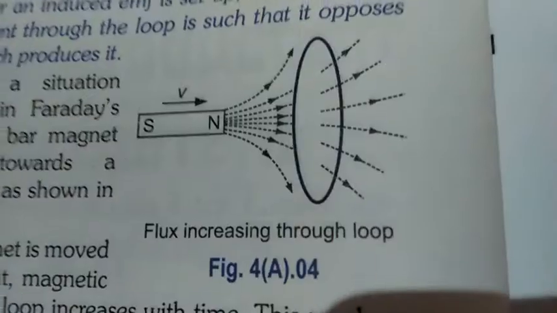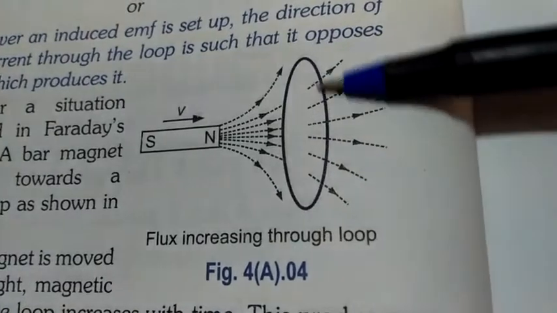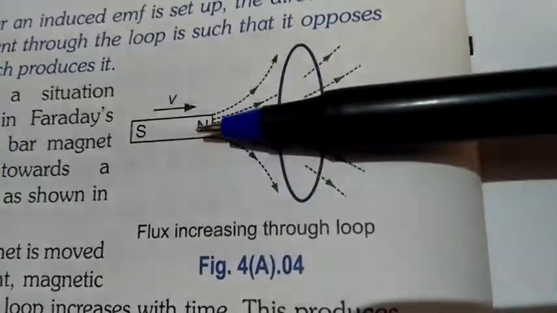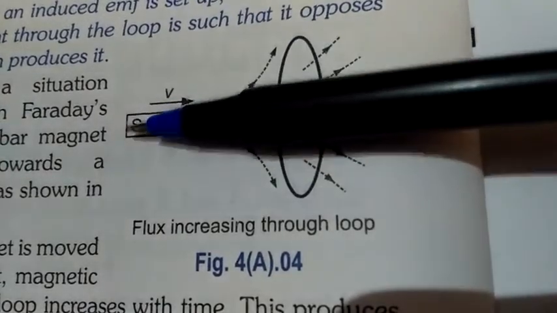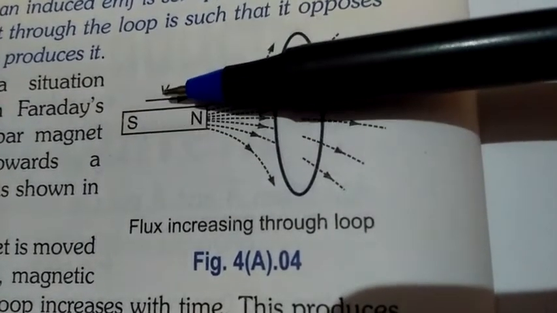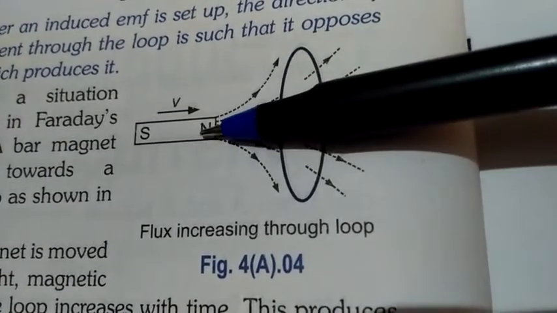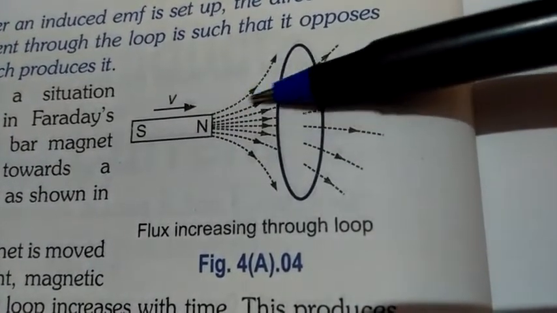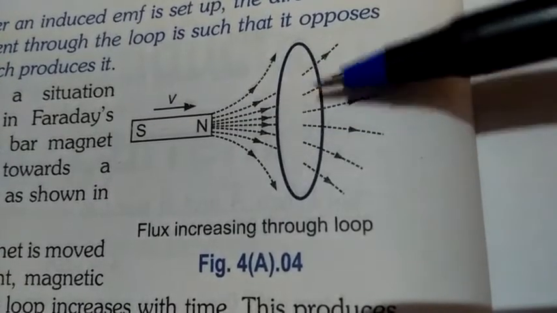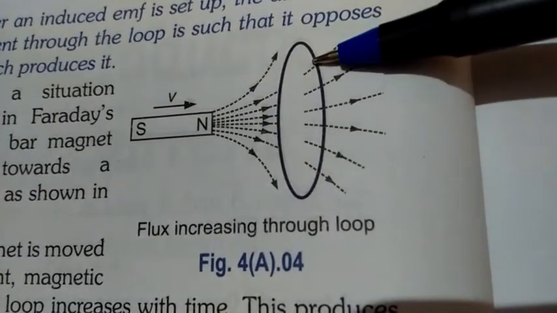Okay, let's understand this with this diagram. This is one circular loop here, and this is the magnet. Here you can see the N pole is close to the loop and the S pole is away. And this is the direction of velocity of the bar magnet. So when we are moving the bar magnet close to the loop, because of change in flux, current will be induced here.